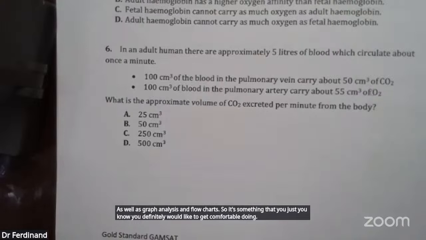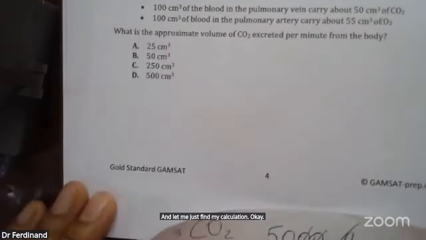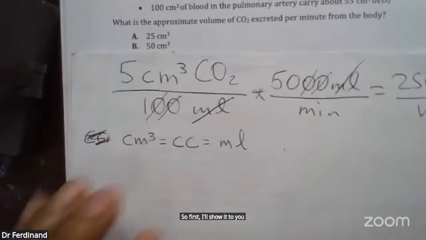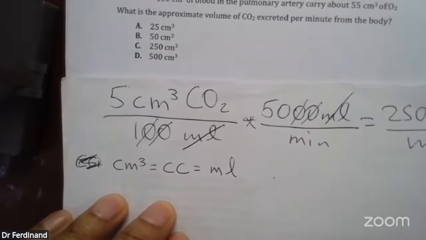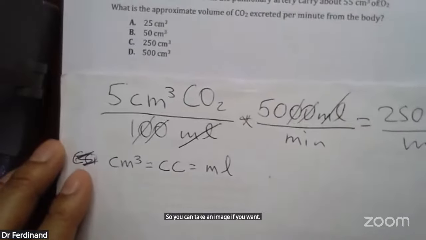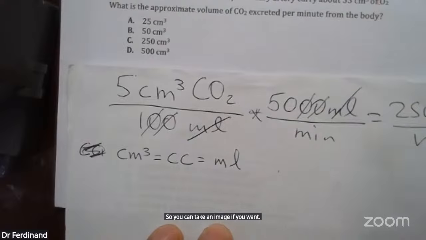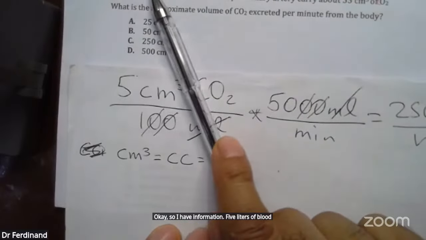And let me just find my calculation. Okay. So first, I'll show it to you, and then we'll talk about it. So you can take an image if you want. Okay, so I have information: 5 liters of blood which circulate about once a minute.